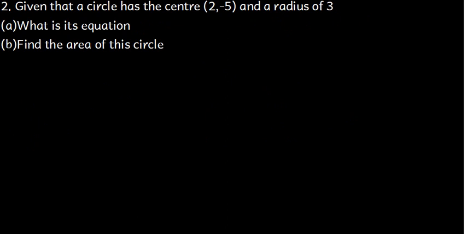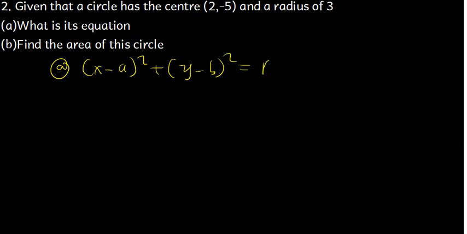Alright, we have got this one. Given that the circle has a center (2, −5) and a radius of 3, what is the equation of this circle? How would we determine the equation of a circle if you've been given the center and the radius? Well, this is much more direct. We know that (x − a)² + (y − b)² = r².